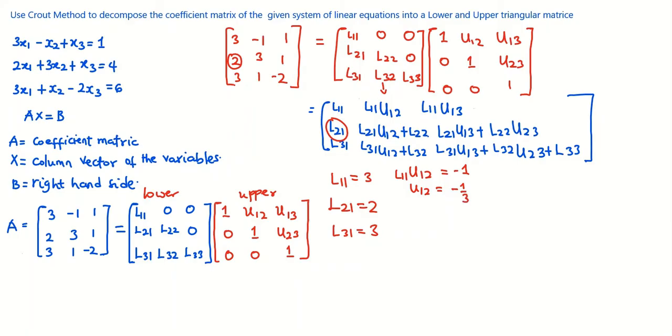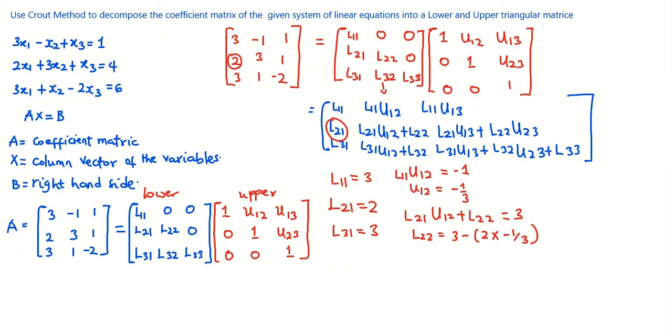Now let's move on to the second term, which will be L21 U12 plus L22. We know L21 and we know U12, and don't forget that this corresponds to 3 in the matrix A. So we're going to get L22 to be equal to 3 minus L21, which is 2, multiplying U12, which is minus 1 on 3.